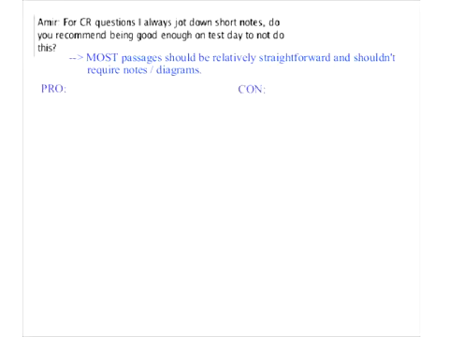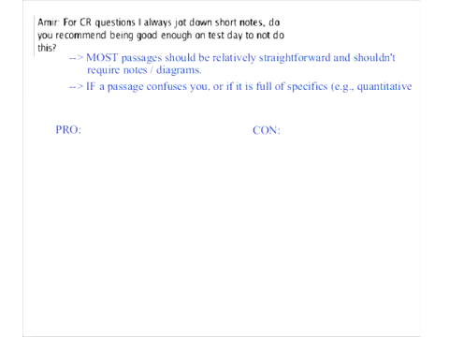And then I'll give you an overall opinion. It's okay to take notes if a passage confuses you, or if it is full of specifics like quantitative things that require nuanced attention, then take notes.